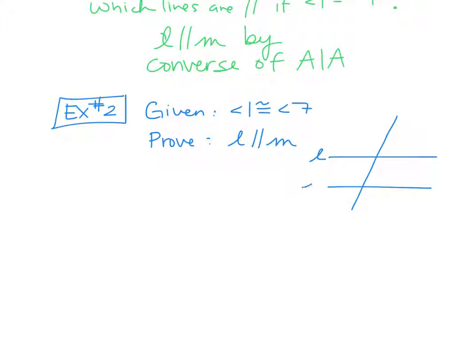This is line L, line M, angle 1, which they say is congruent to angle 7, angle 5 and 6, and angle 3. Okay, something I want you to think about. When you are proving that lines are parallel, what did I say you have to use?